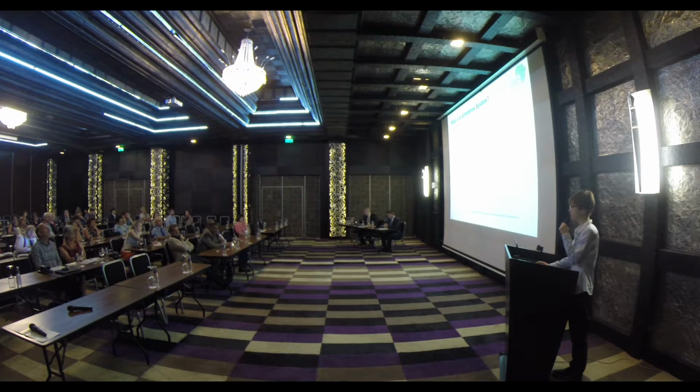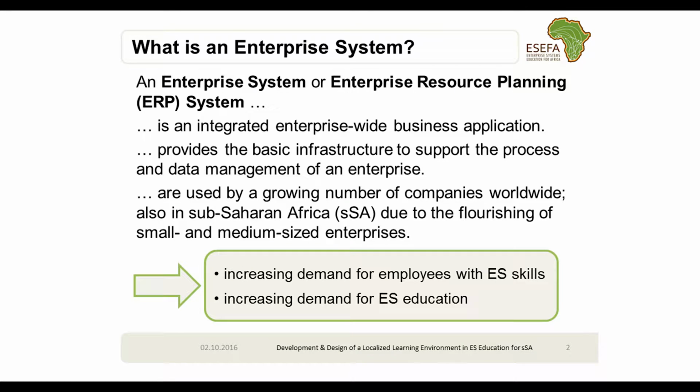Now, first of all, what is an enterprise system? An enterprise system or an enterprise resource planning system is an integrated enterprise-wide business application. It provides the basic infrastructure to support the process and data management of an enterprise. And these systems are used by a growing number of companies worldwide.